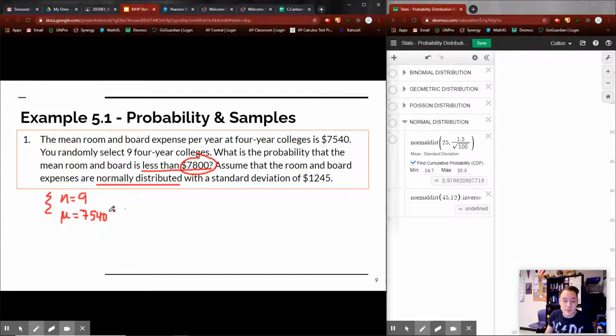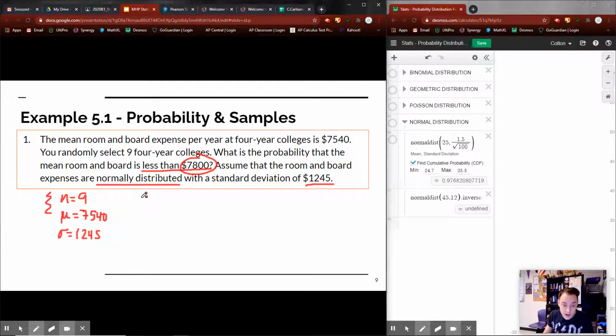This is important because n is less than 30. If the population isn't normally distributed, then we're stuck. But since the population is normally distributed, n does not need to be greater than 30, as per the central limit theorem. And the population standard deviation is 1,245. So these are all my variables listed out.